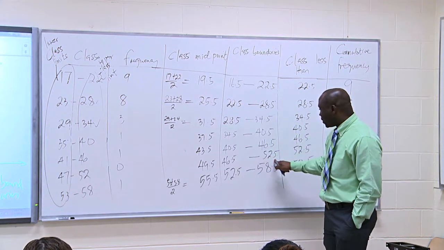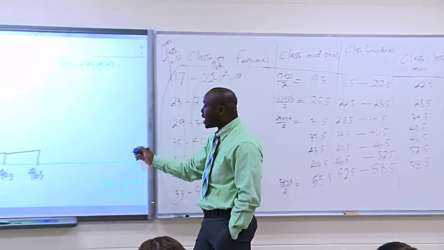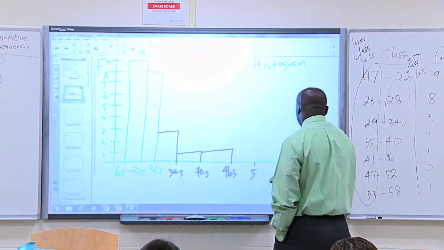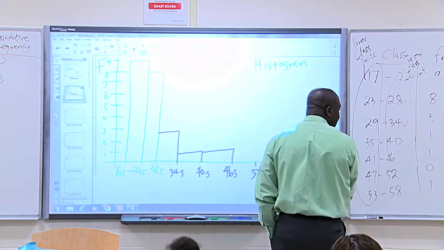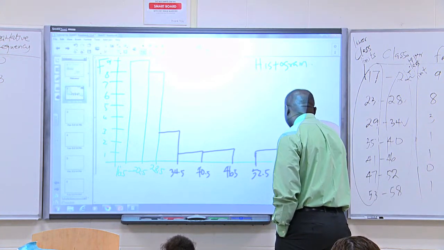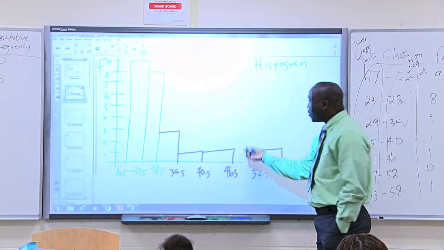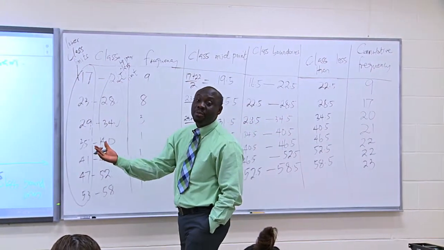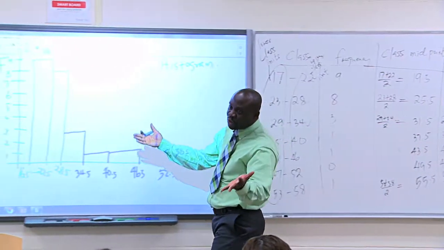Over here, 46 to 52 is 0, so it's a gap. 52, and then the last one, 52 to 58. So that is a histogram. Rectangular blocks, no spaces in between.